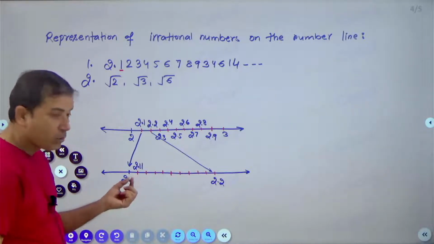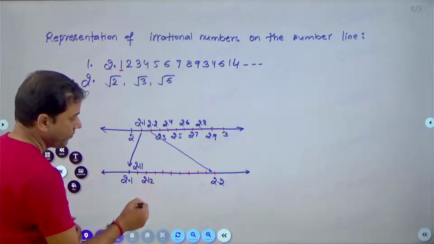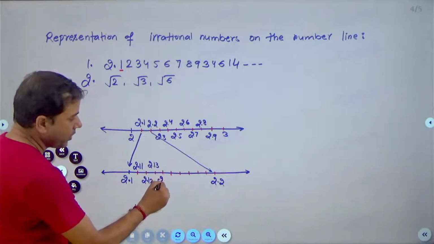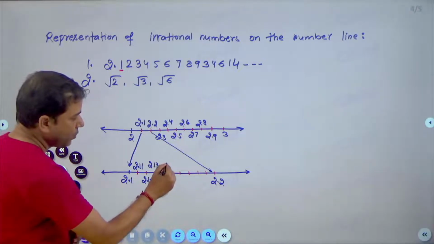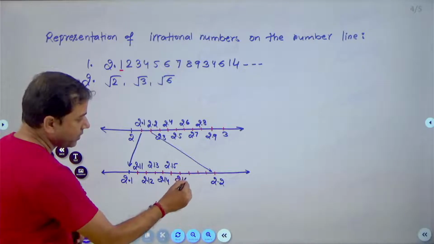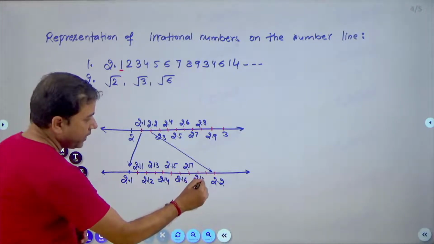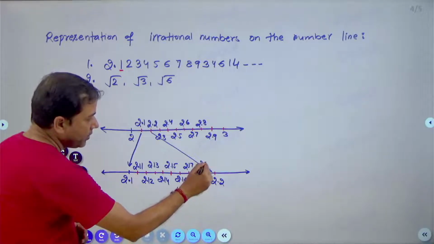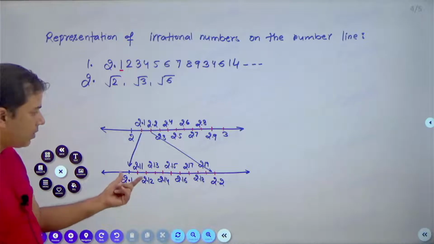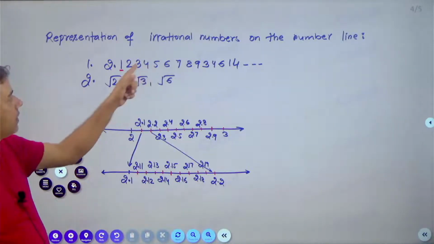Second point will be 2.12. Third is 2.13. Then it is 2.14. It is 2.15. This is 2.16, 2.17, 2.18, 2.19, and then 2.2. Well, now tell me on this one, between which two decimal numbers our number lies?